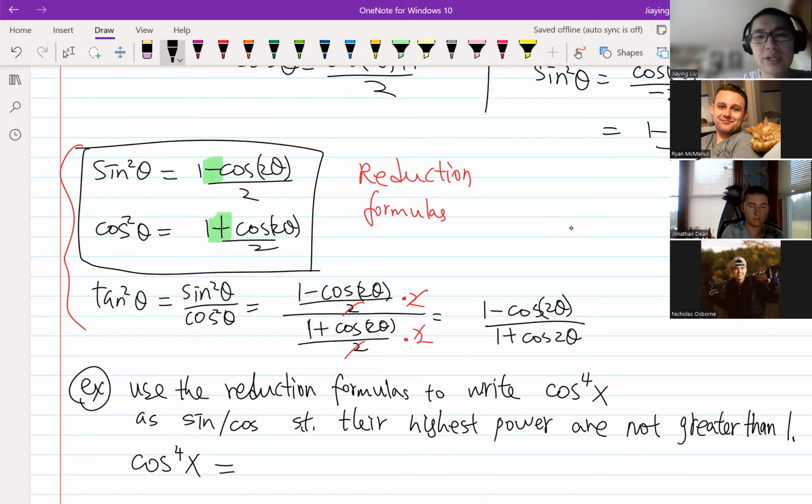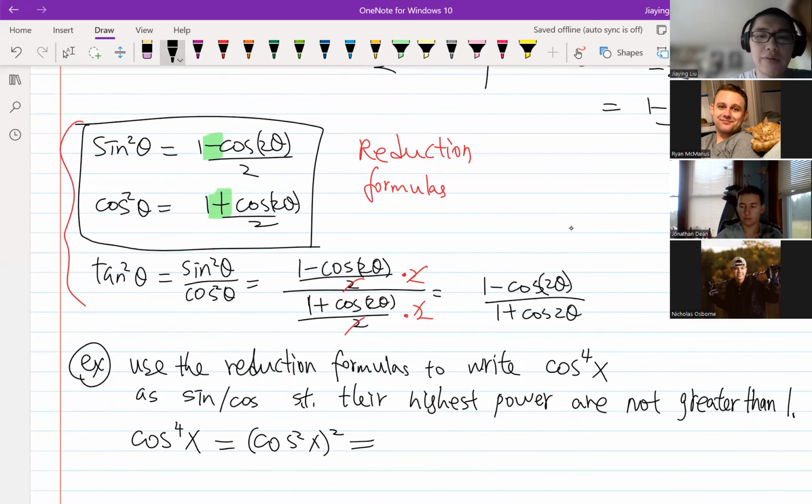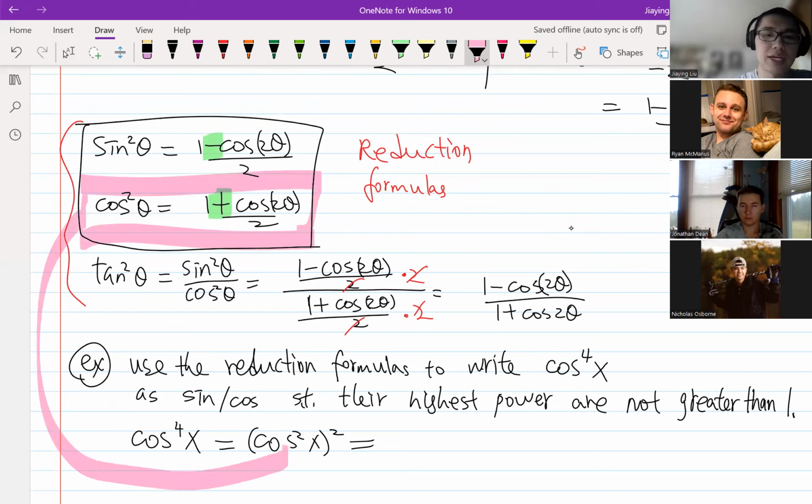So let's write it as cosine squared x, squared. Using the formula from earlier, the cosine squared x, we can use that one directly.